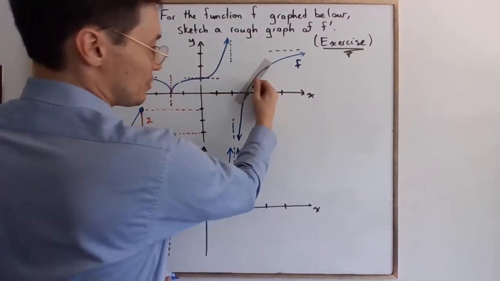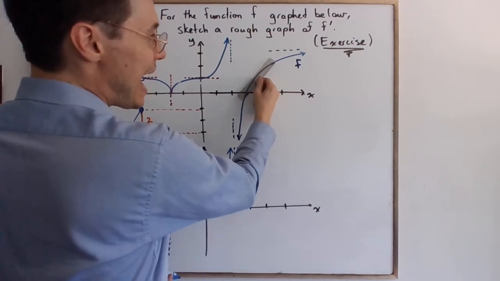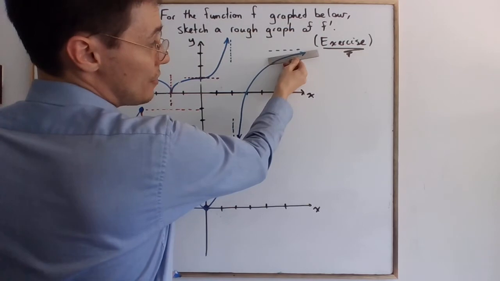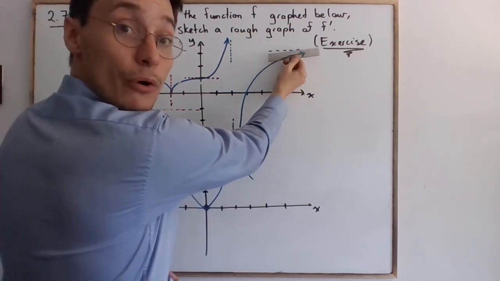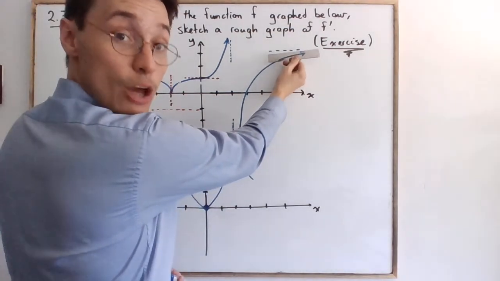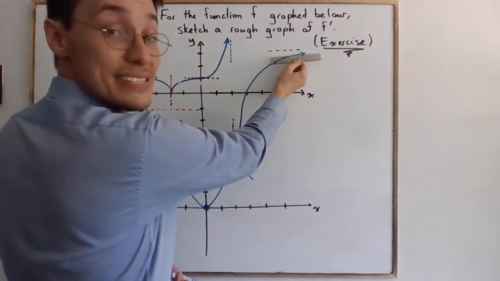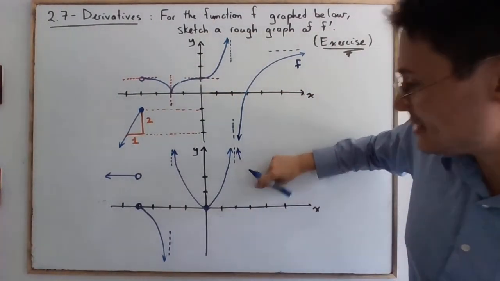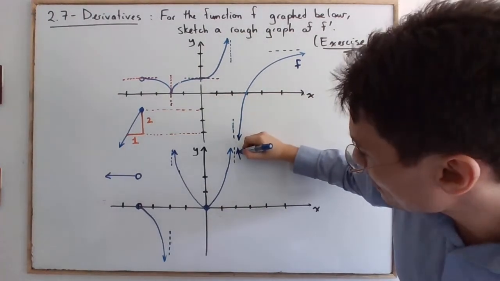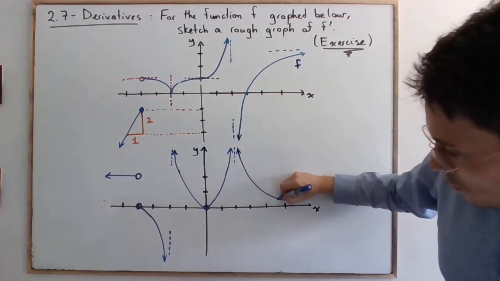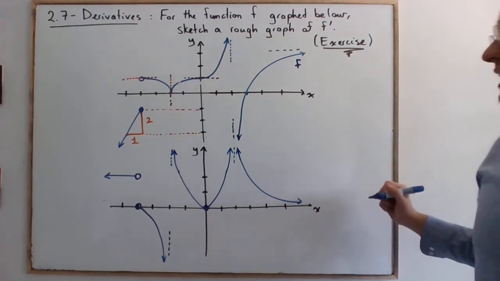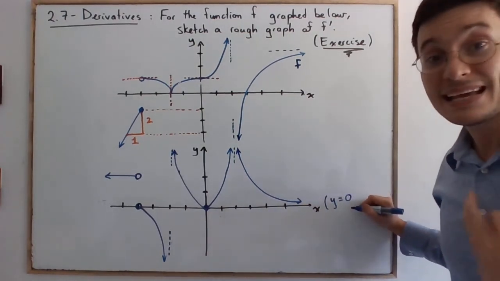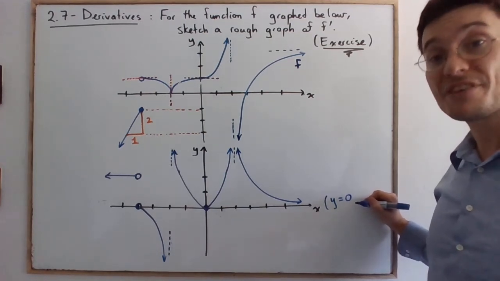But here, the derivative is positive, and as x is growing arbitrarily large, the tangent line is getting more and more horizontal, which means that its slope is approaching 0. So the slope approaching 0 really means that here we are doing something like this, in the sense that y equals 0 is a horizontal asymptote of the derivative.